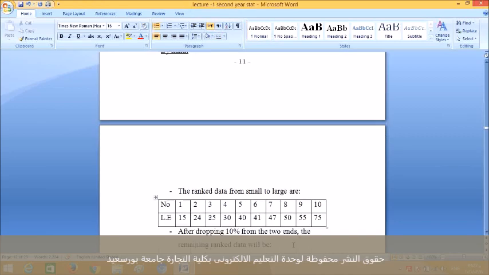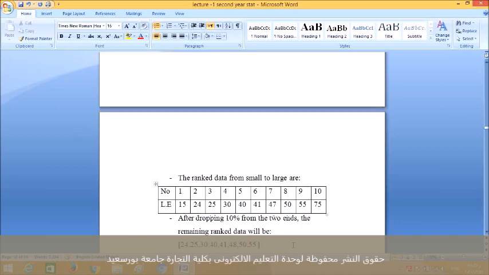Okay, after dropping 10% from the two ends, the remaining ranked data will be like this.